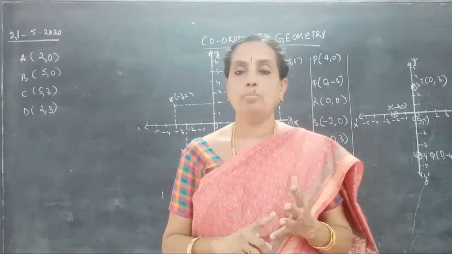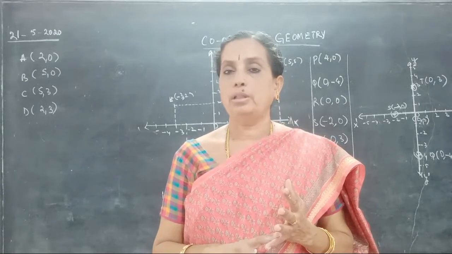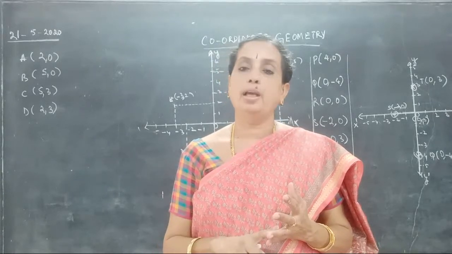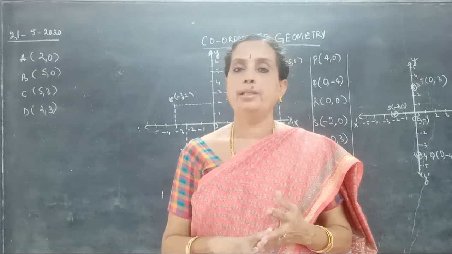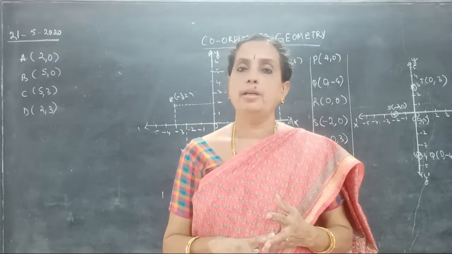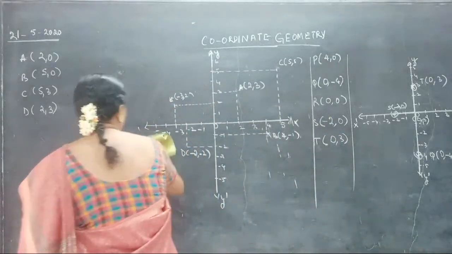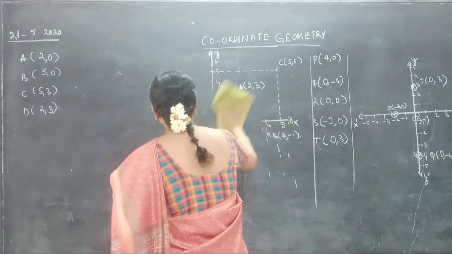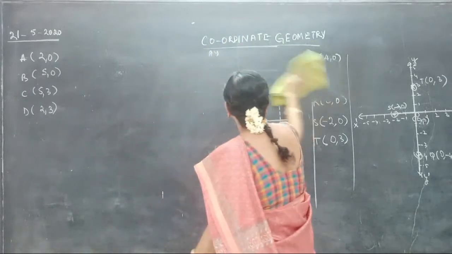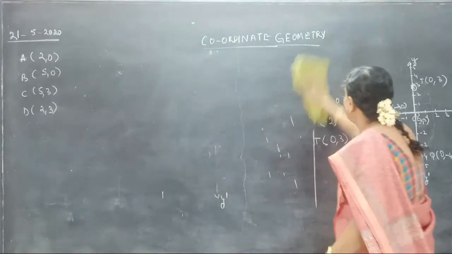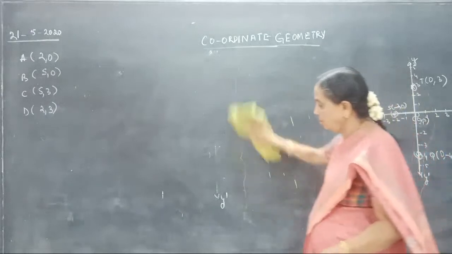First is locating the points, joining them in order, and shading the region it bounds. Okay. So now let us take the Cartesian plane by drawing the 2 axes perpendicular to each other.